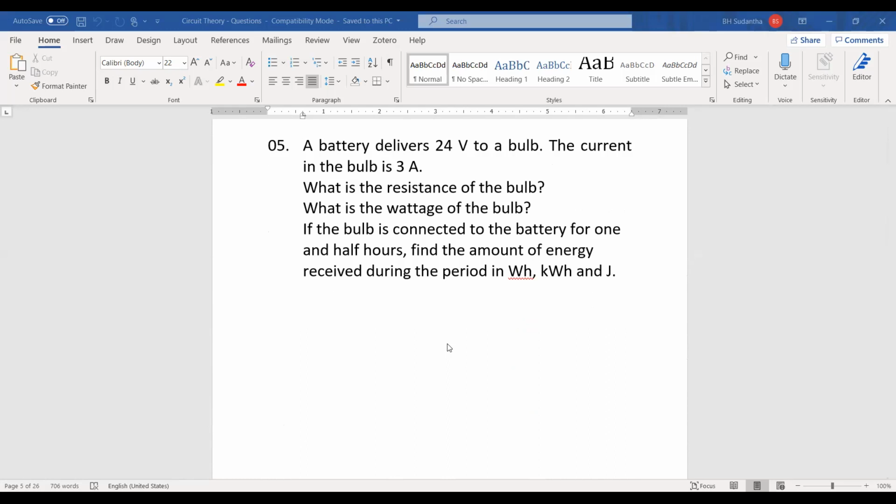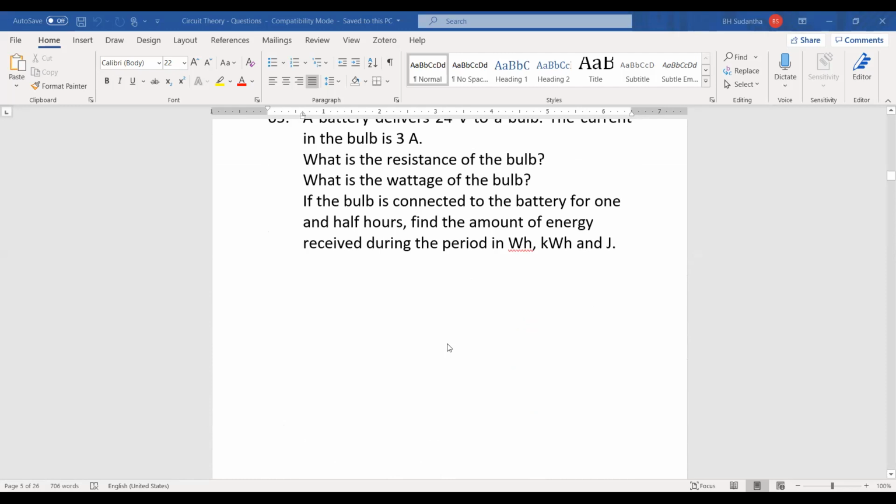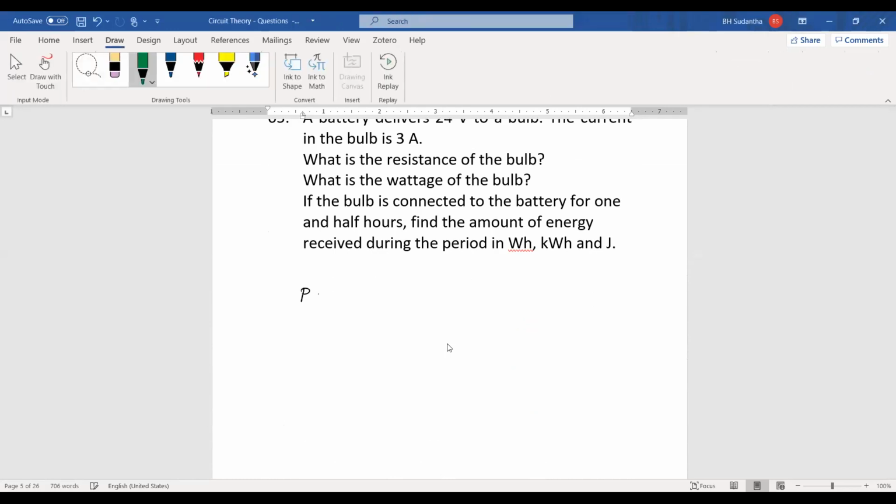You may identify that when we power up the circuits, when it comes to power sources, we have AC power sources and we have DC power sources also.